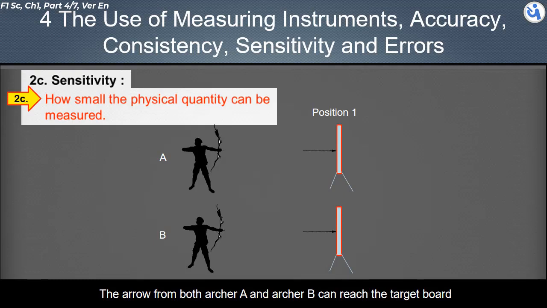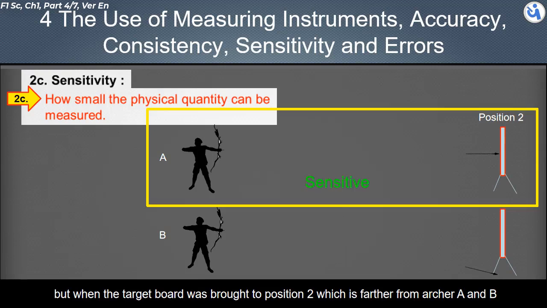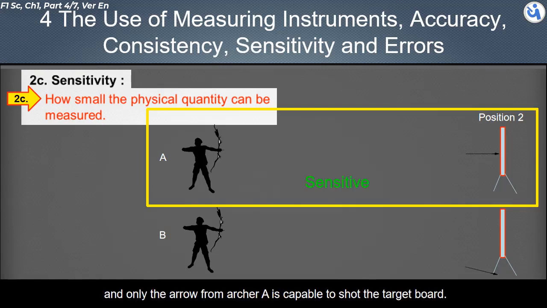The arrows from both archer A and archer B can reach the target board. But when the target board is brought to position 2, which is farther from archers A and B, and only the arrow from archer A is capable of reaching the target board, we can say archer A is more sensitive in archery compared with archer B.